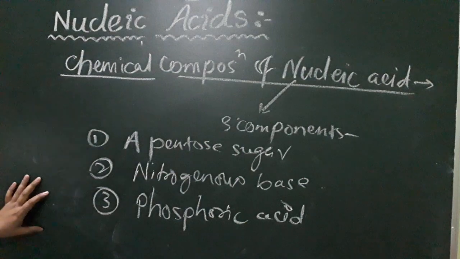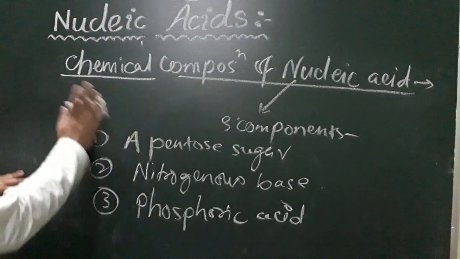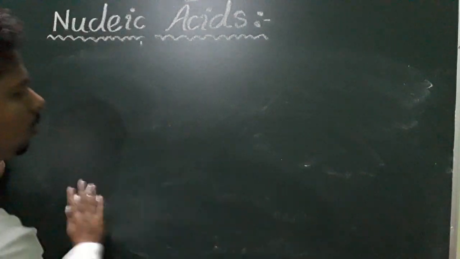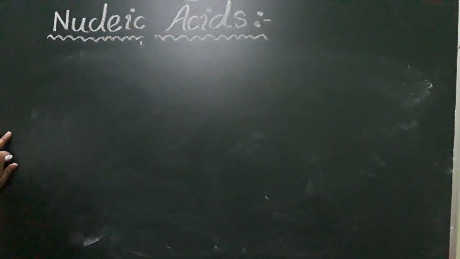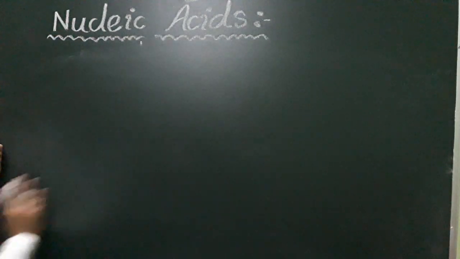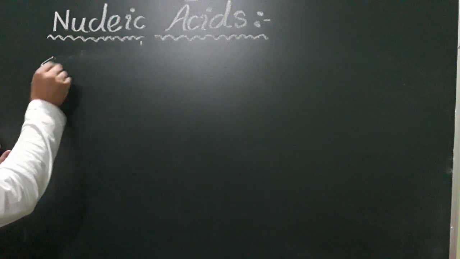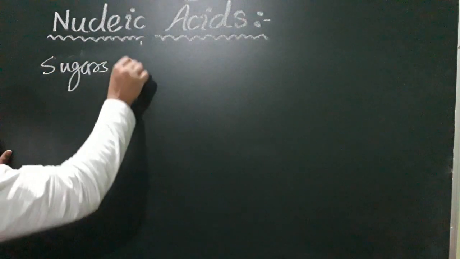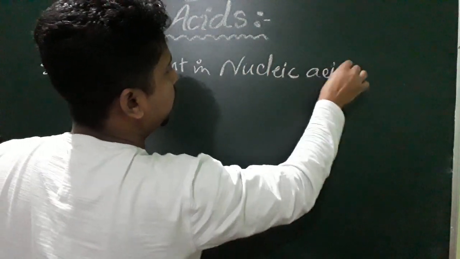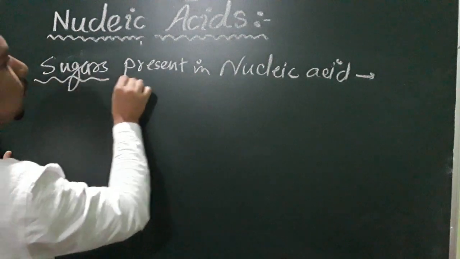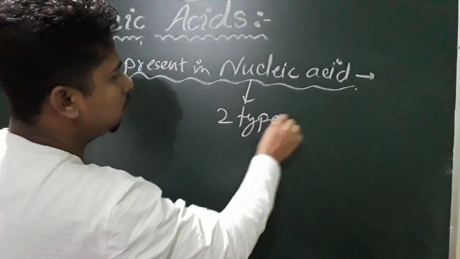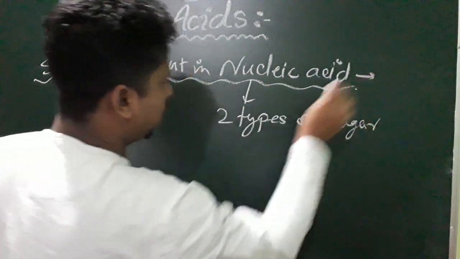Now what are the sugars that are present in nucleic acid? In nucleic acid, 2 types of sugars are found.